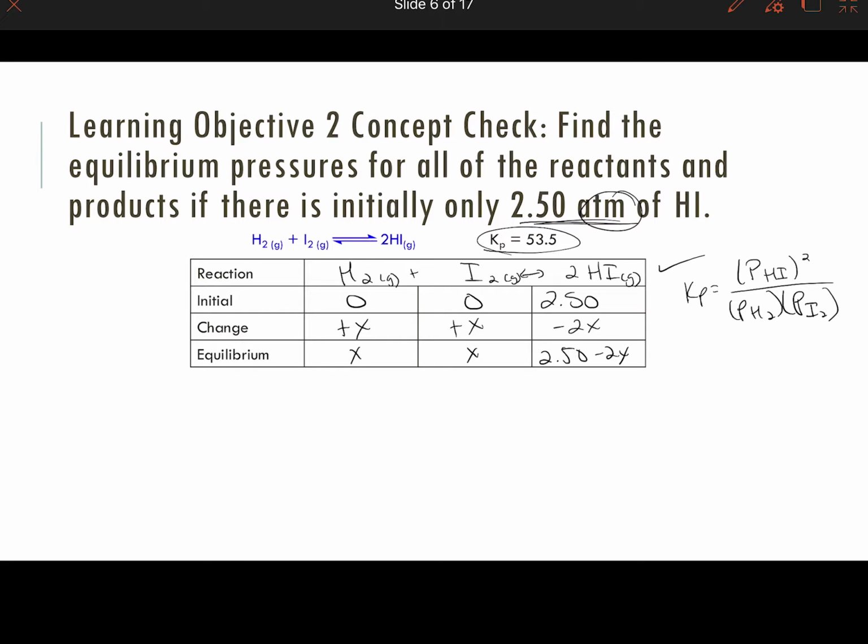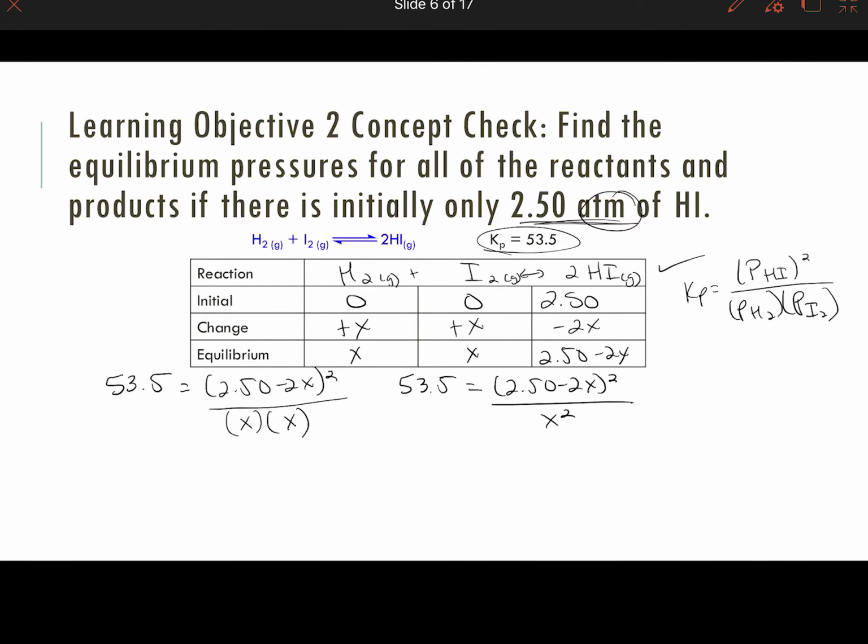And what we could do is take the square root of both sides. So we take the square root of 53.5 and we get 7.31 is equal to (2.50 minus 2x) divided by x. And then we can start rearranging, multiplying both sides by x. We get 7.31x is equal to 2.50 minus 2x.